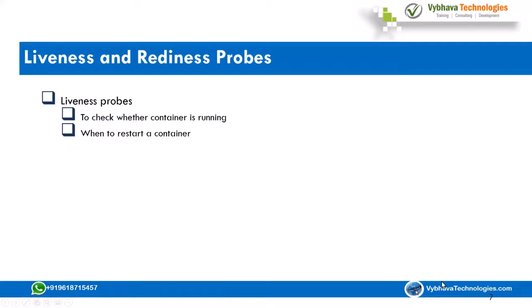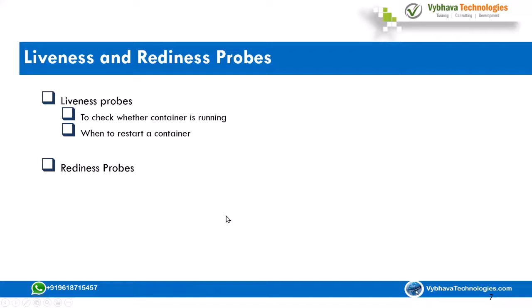To check whether the container is running, we are going to use liveness. When it is not available, then you have to restart the container. Liveness checks that and automatically restarts that pod. So if the container is not running, it will restart the pod. That is the idea of the liveness probe.